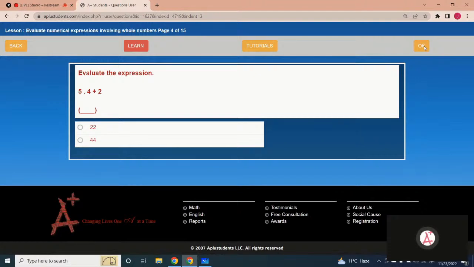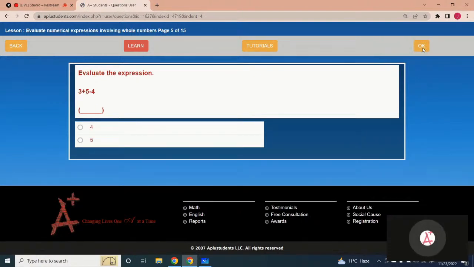Very good. It is 22. You have to do multiplication first. 5 times 4 is 20. And then you have to add 2. So 20 plus 2 makes 22. Very good. Just select the correct option and click on the OK button.